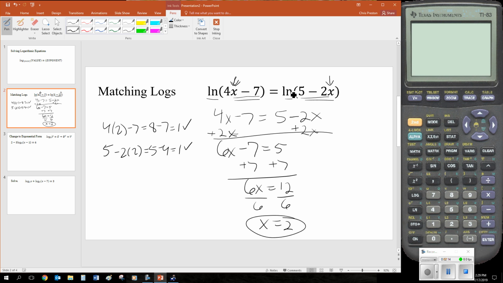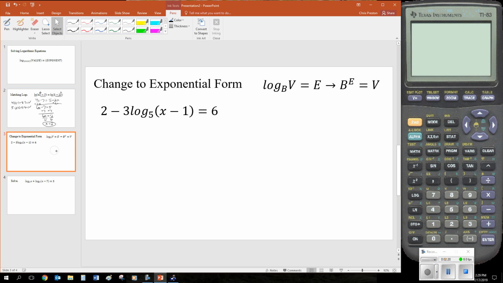So if you ever have a log equals the same type of log, this is how you go about solving it. More commonly, though, is a problem like this, where you're going to change it into the exponential form. You're going to put it in the log form if it's not in there already. So in this problem, we're going to need to get this log base 5 of x minus 1 by itself first. Then we're going to switch formats.